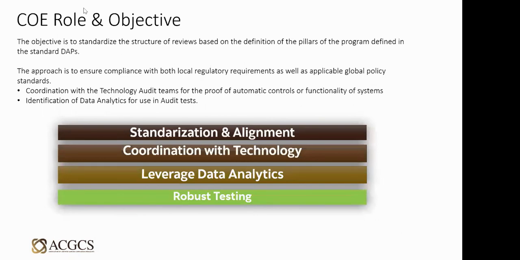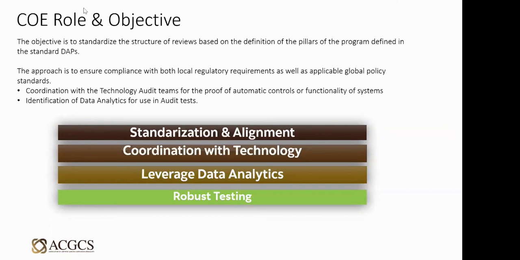And one of the specific things that has helped institutions is the development of a center of excellence. Most importantly, in the internal audit sphere, standardizing the structure, ensuring that everything is aligned, that there's coordination with technology.